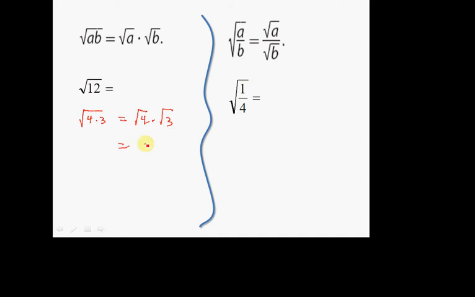The square root of 4 is 2, and times the square root of 3. So let's take a look at it here for the quotient. We could break this up into the square root of 1 over the square root of 4. The square root of 1 is 1, the square root of 4 is 2. It's just equal to 1/2, okay?